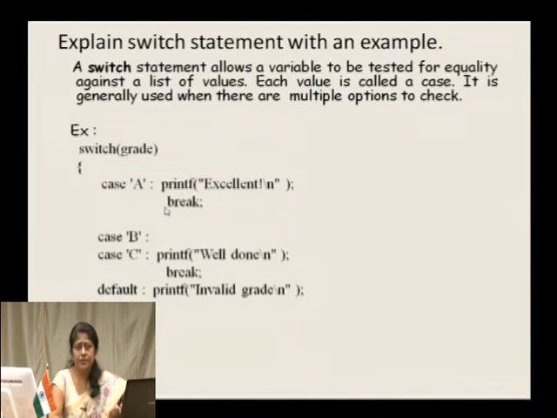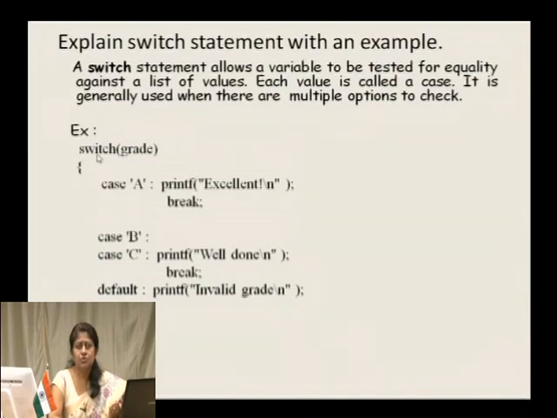So, here you see one example, we have the keyword switch with the expression over here. This expression would always yield an integer or a character or a floating point value, whichever the switch case values we have taken, it would be of the same type. Here, as case A is a character, it is understood that grade would be a character itself.